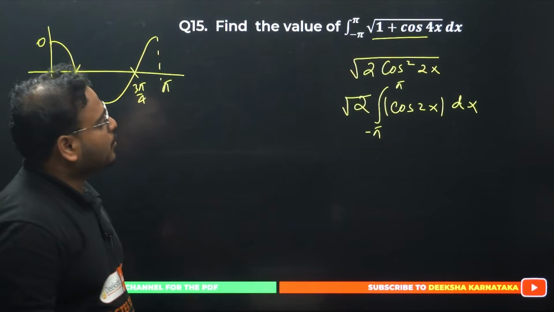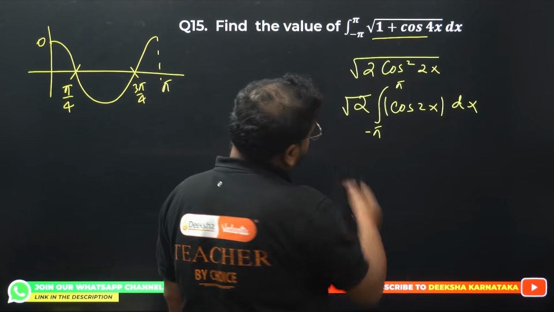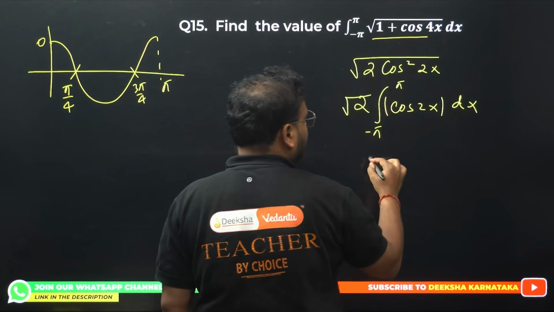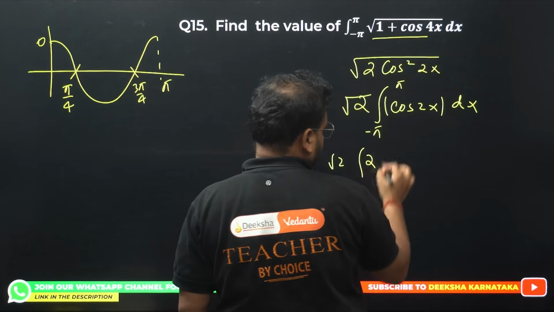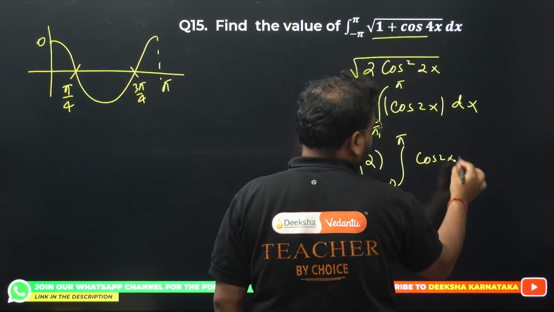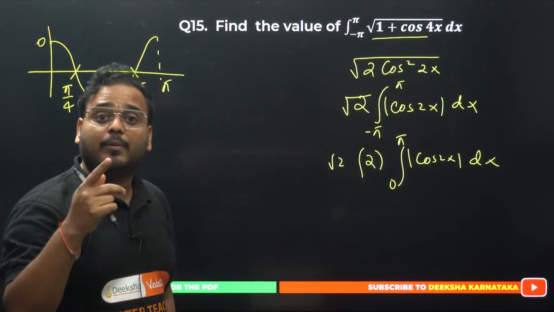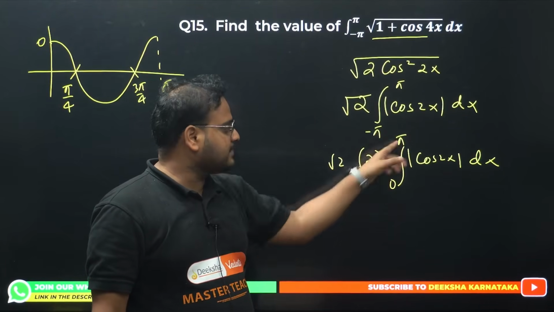Okay, so check this out. Now I can break this whole thing into, what? First of all, I can write this as twice. No, I can use the property first. Minus a to a can become twice of, root 2 is outside, twice of 0 to pi cos 2x in the modulus dx. I'm using that property, minus a to a, twice of 0 to a, and a is pi.